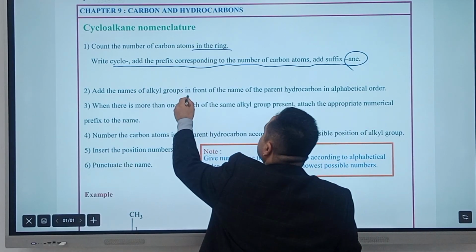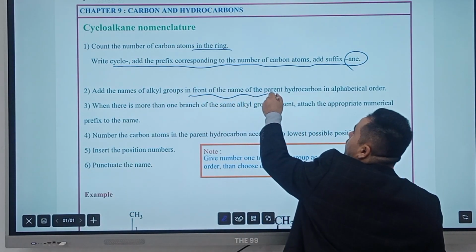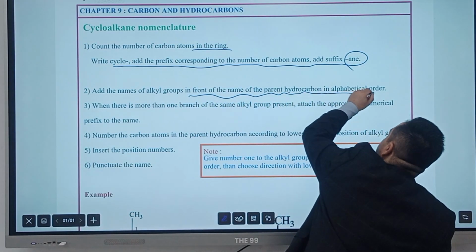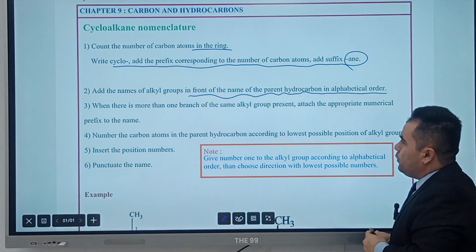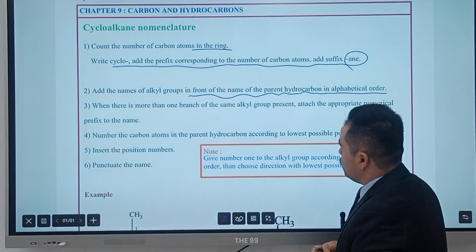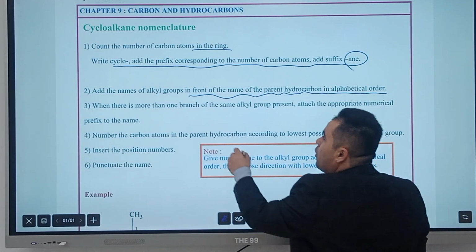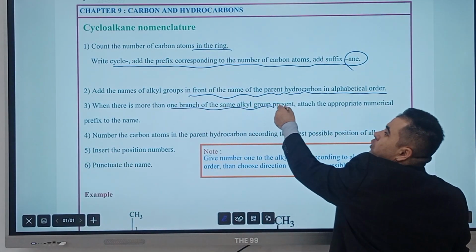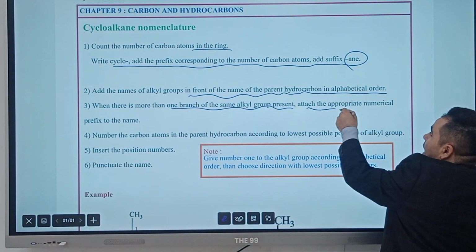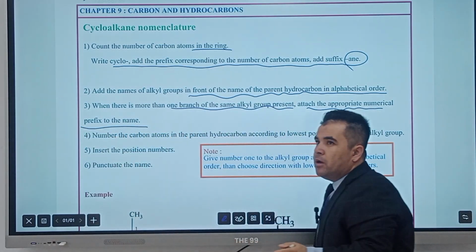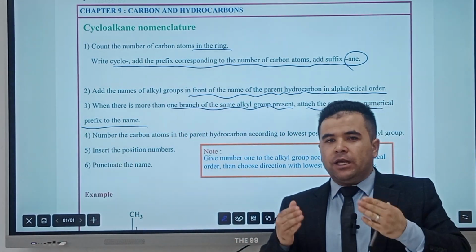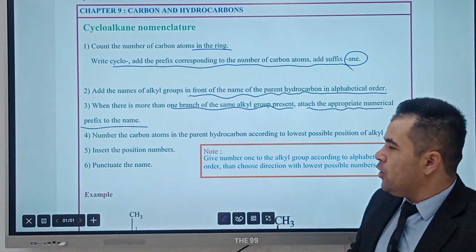Add the name of the alkyl group in front of the name of the parent hydrocarbon in alphabetical order. As we said, in alphabetical order, we have to name the alkyl groups. When there is more than one branch of the same alkyl group, attach the appropriate numerical prefix to the name: di, tri, tetra, here also included.